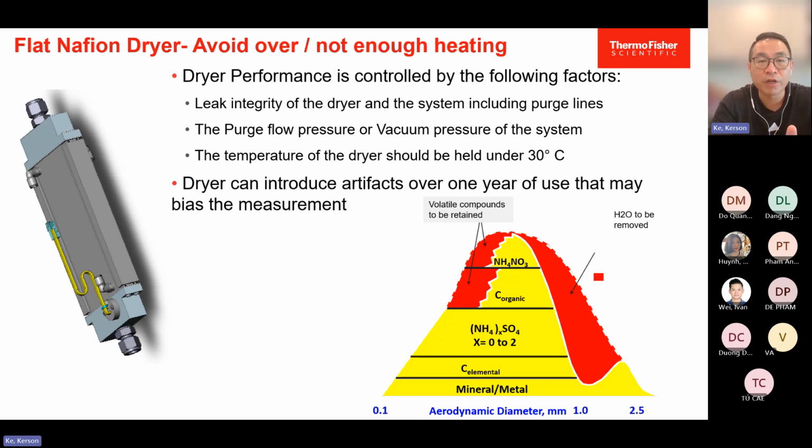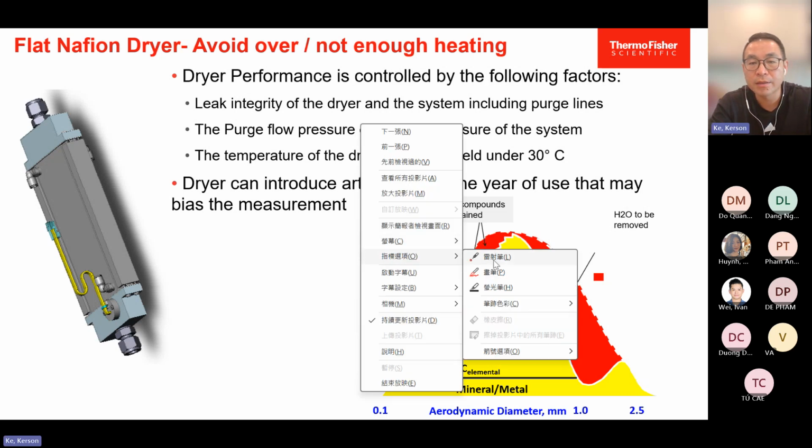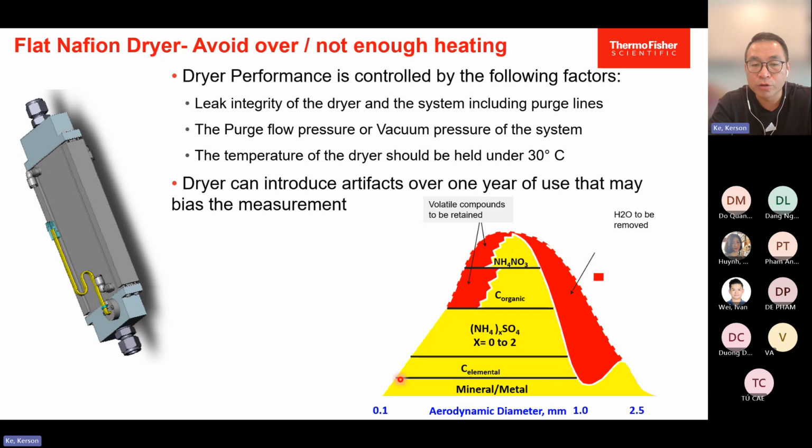Why do we have the Nafion dryer here? Because the most challenging thing for particulate measurement is how we remove the moisture properly. As you can see, this aerodynamic size distribution, we want to measure the PM2.5 peak as this shape.